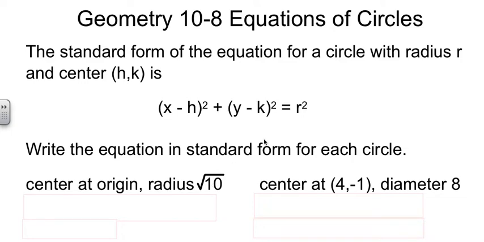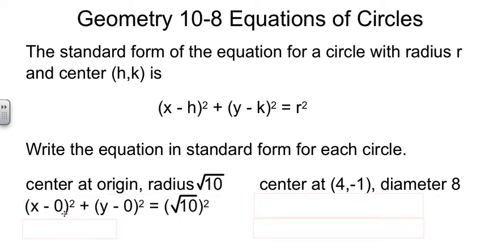And we know the radius is the square root of 10, so that's r. (x minus 0) squared plus (y minus 0) squared equals the square root of 10 squared. We want to clean this up as much as we can. x minus 0 is just x, y minus 0 is just y, and the square root of 10 squared is 10. So we cleaned up as much as we could without getting carried away.